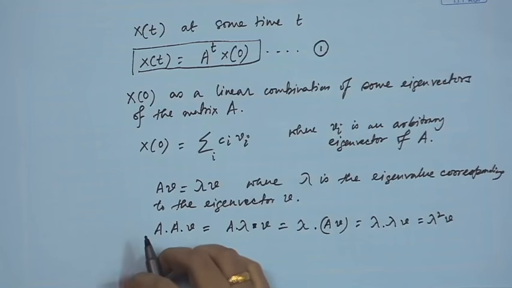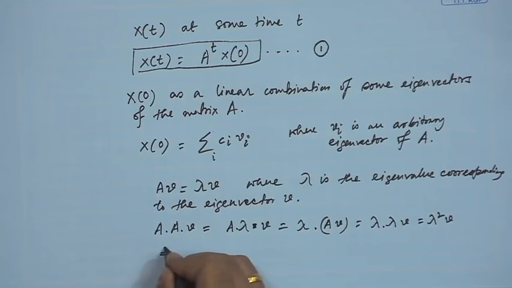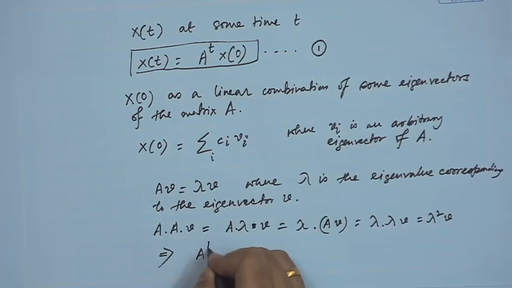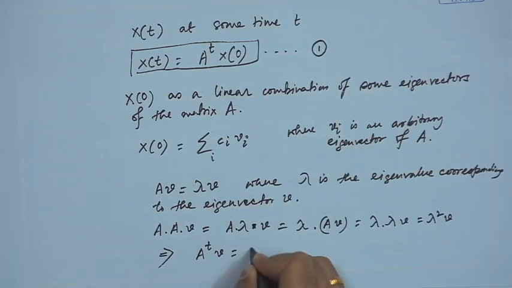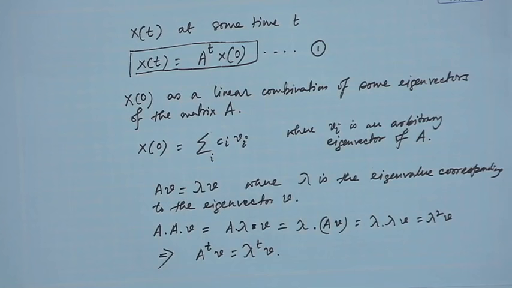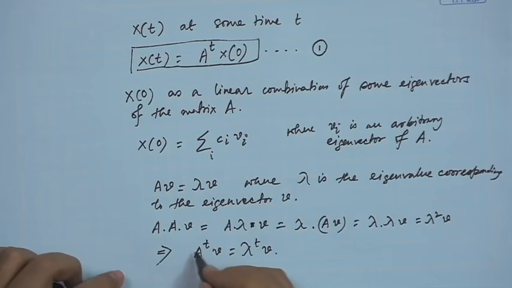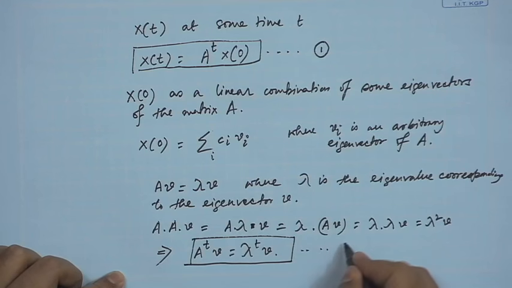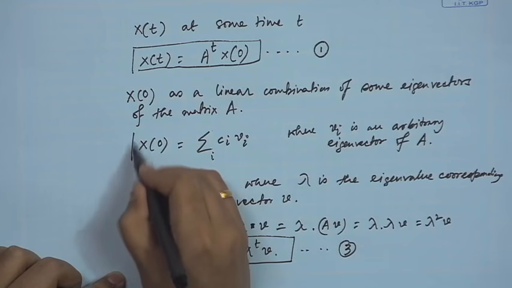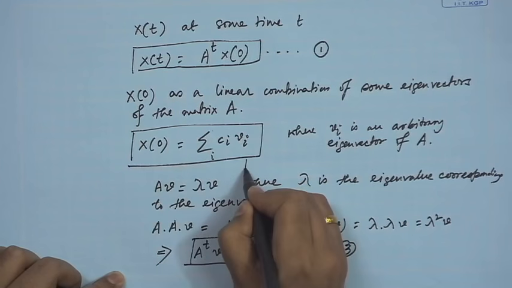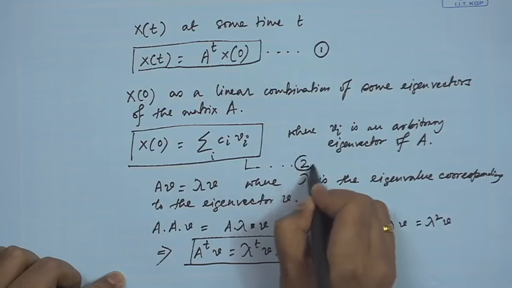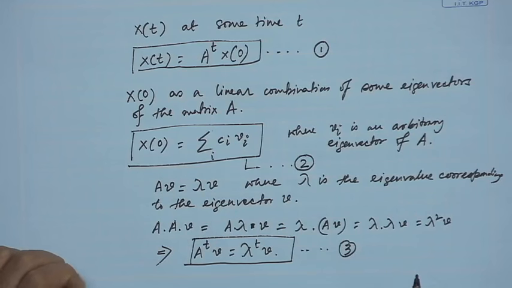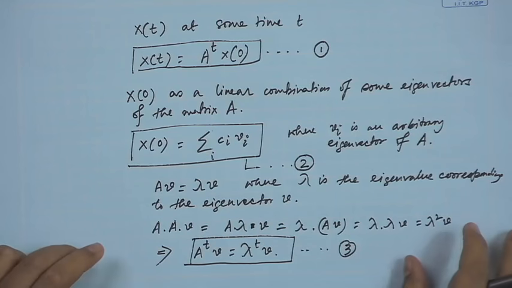So, continuing like this for t times, we have A t v should be equal to lambda t v. This is what we call equation 3, and let us say that we call the equation x 0 is equal to sum of c i v i as equation 2.